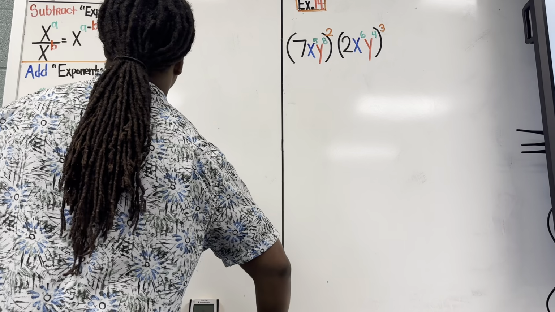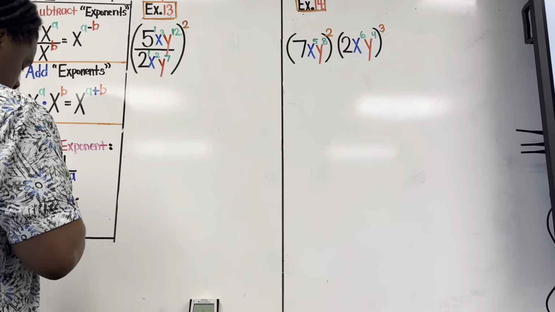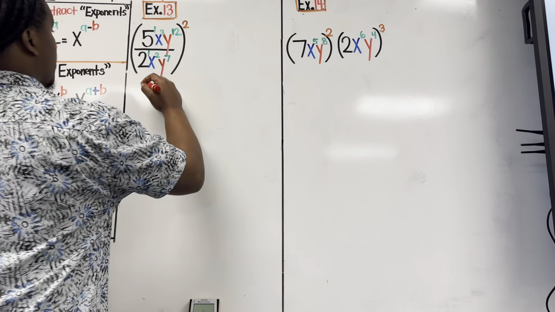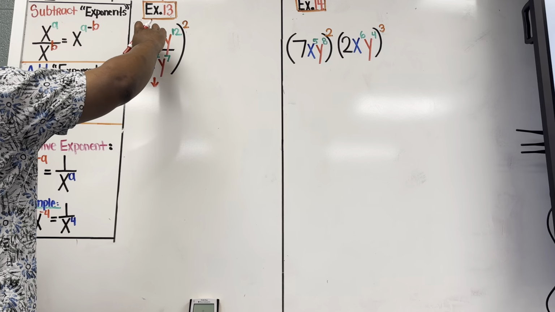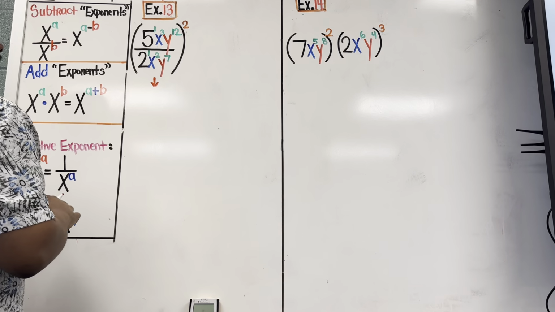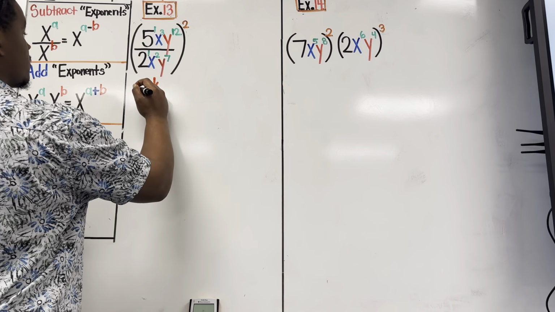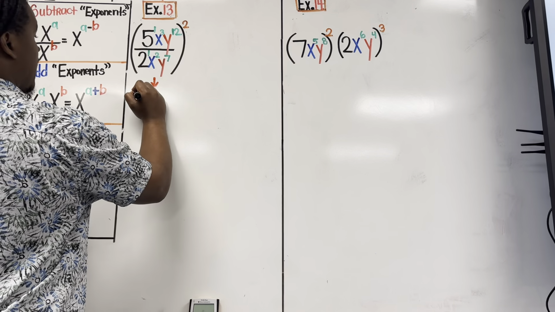So let's start that process, and we're going to rewrite it. We can get rid of that outside exponent. 5 to the first power times 2 is 2, so that's going to turn into 5 squared, 5 to the second power.